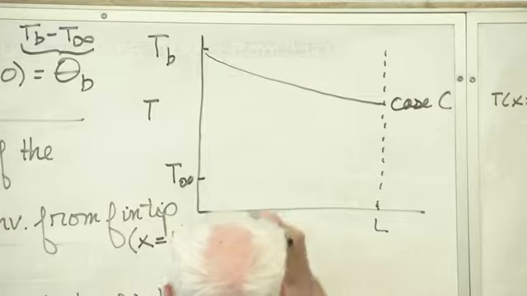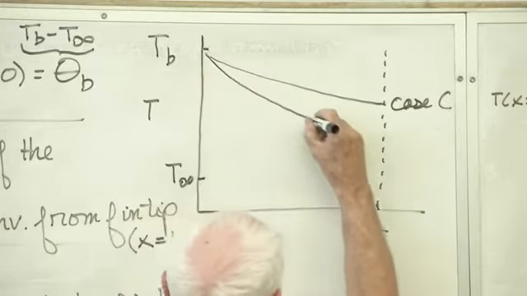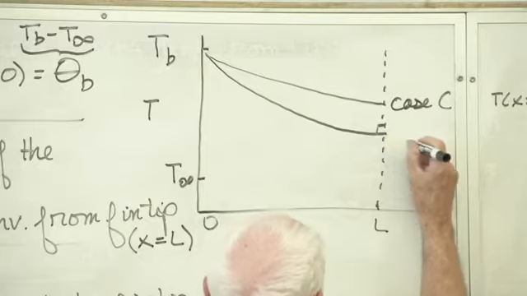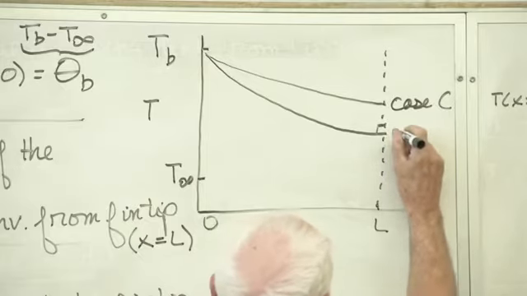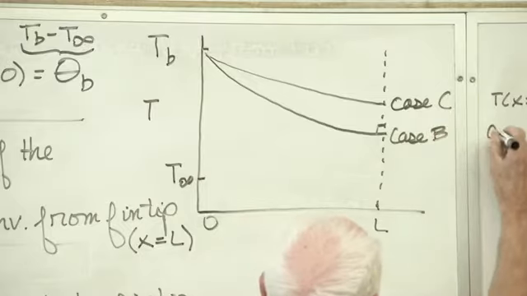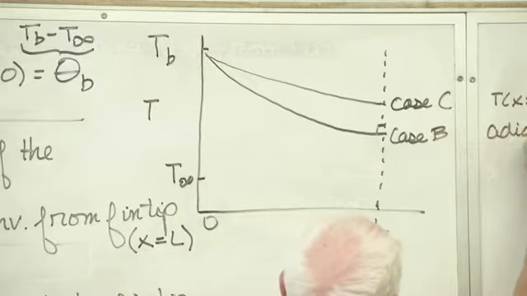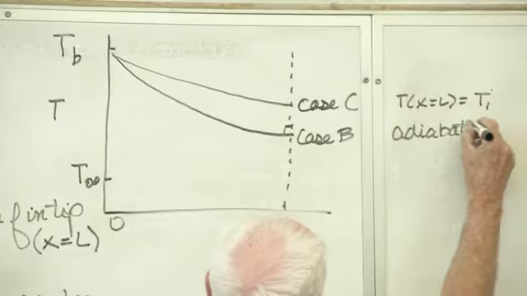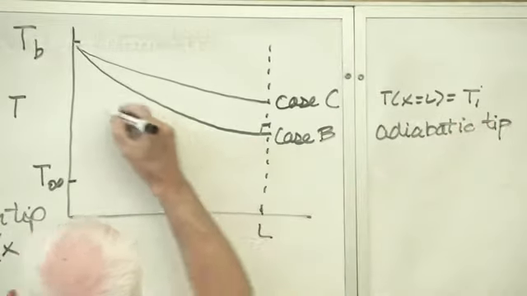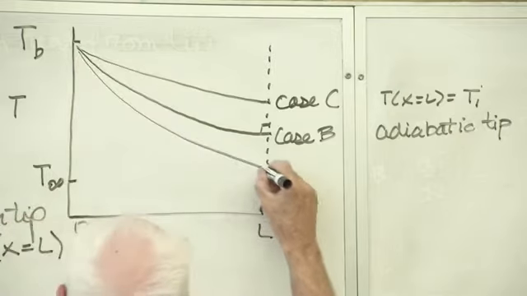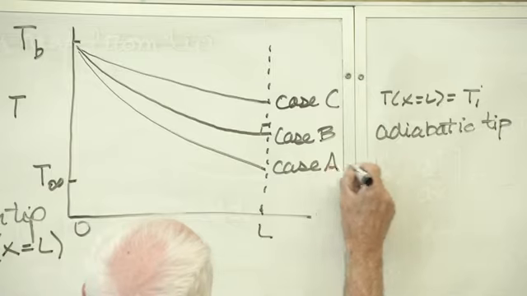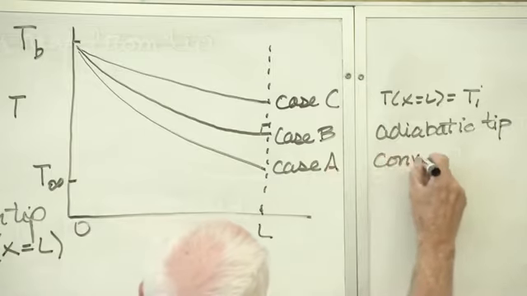Let's take case B. It comes down like this, and the temperature profile is normal to the tip for case B, adiabatic. Let's take case A, convection from tip.